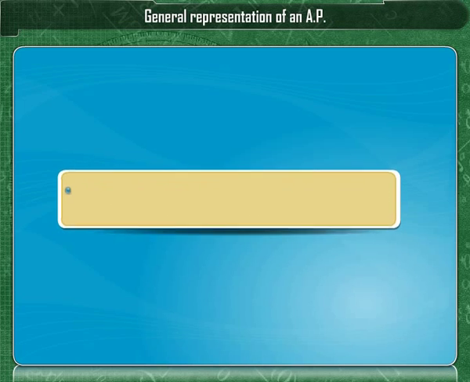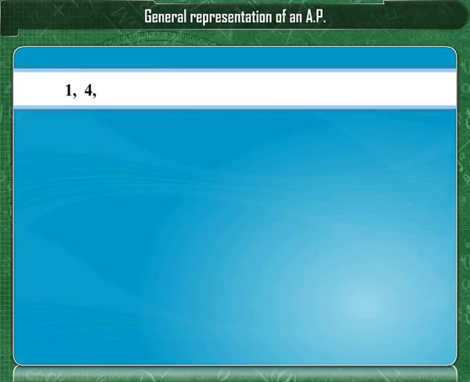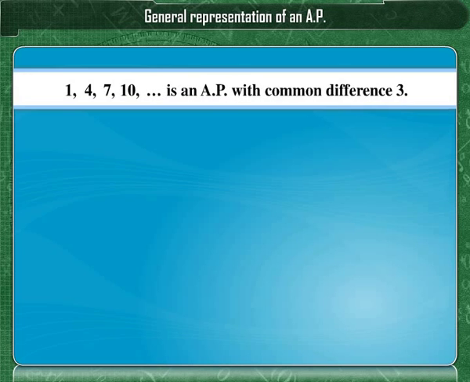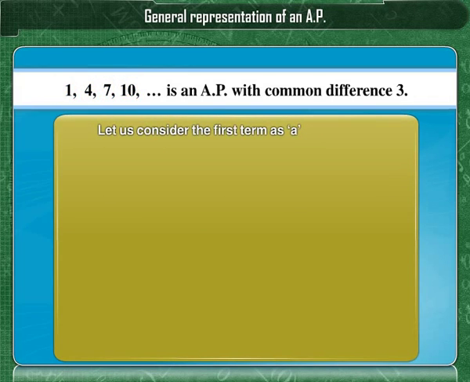We know that the sequence 1, 4, 7, 10, and so on is an AP with 3 as a common difference D. In this sequence, the first term T1 is given as 1. Let us denote the first term as A. Therefore, we can write T1 is equal to 1 is equal to A.